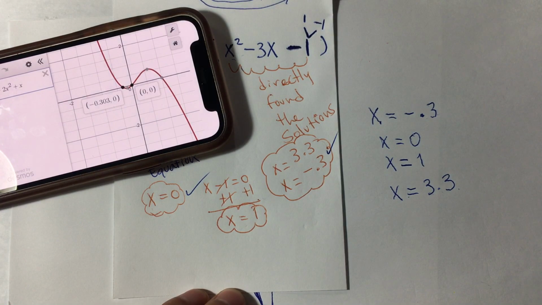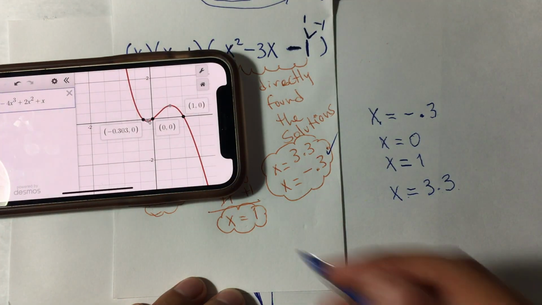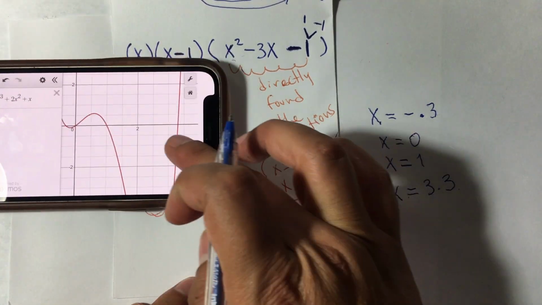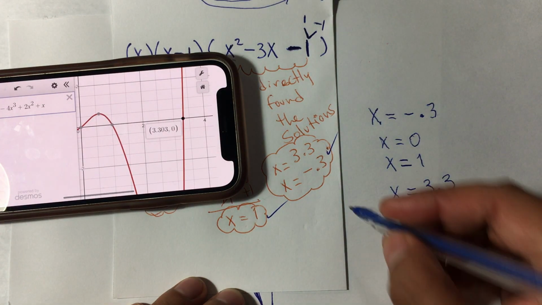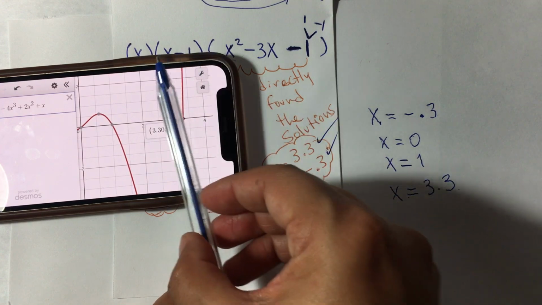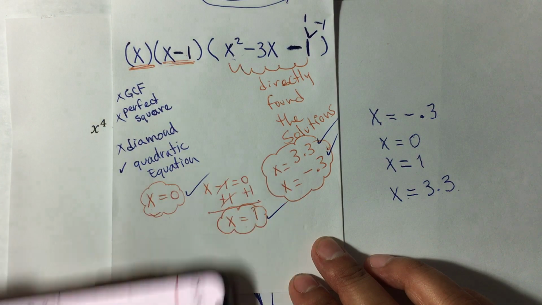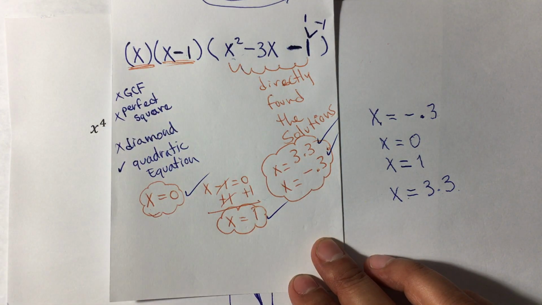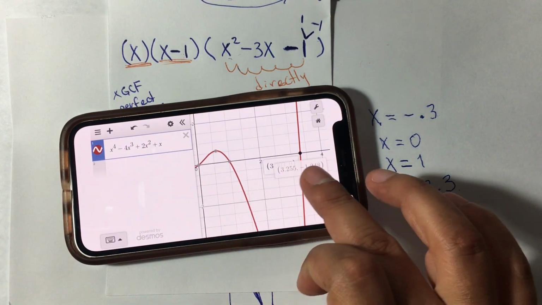It's right there. 1, it's right there. And let us move the other one. 3.3, it's right there. It's just that in here we have it rounded to the tenths, okay? But that's how you find the solutions using your algebra. And this is how you find them using technology.